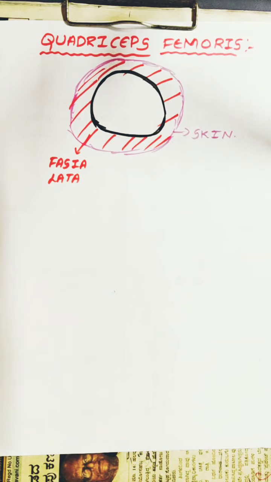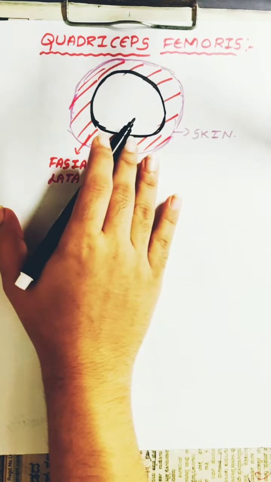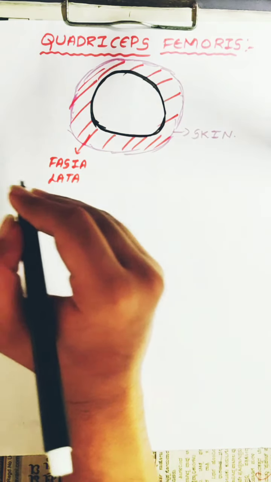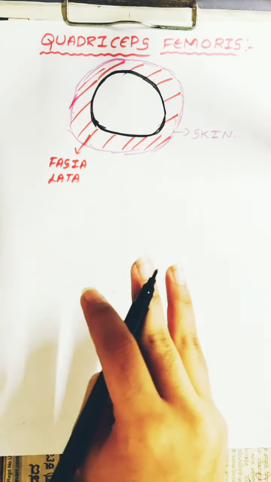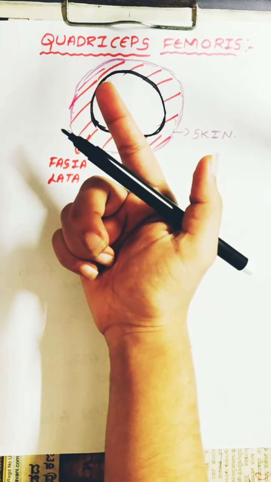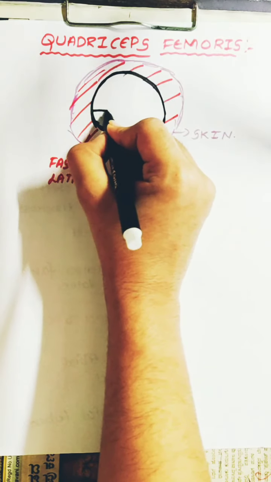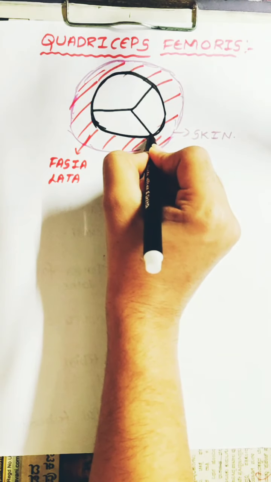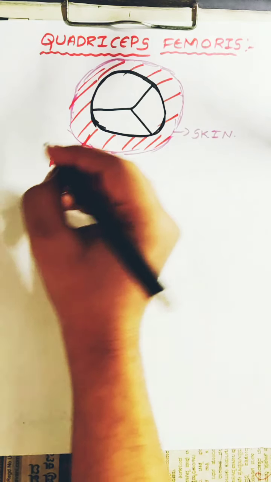After that you can see the layer, which is partitioned into three compartments: the anterior compartment, the medial compartment, as well as the posterior compartment. The anterior compartment is quite a bit bigger, then the posterior compartment, and then the medial compartment.